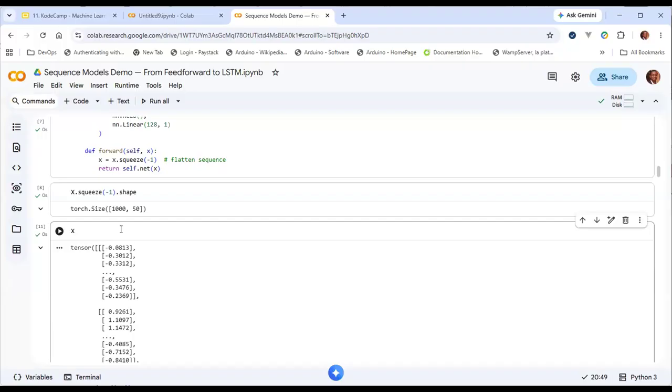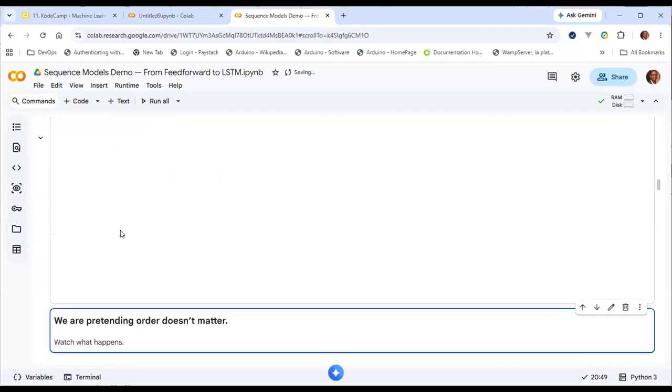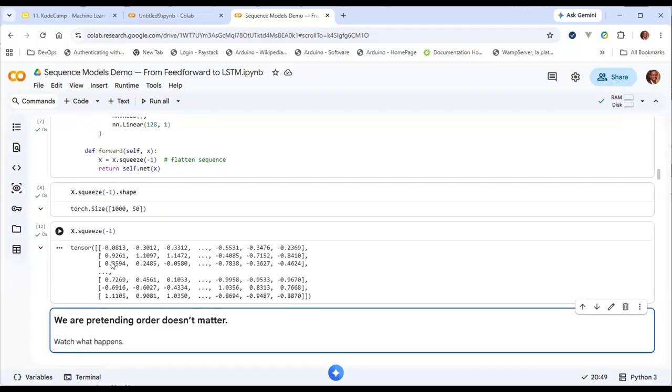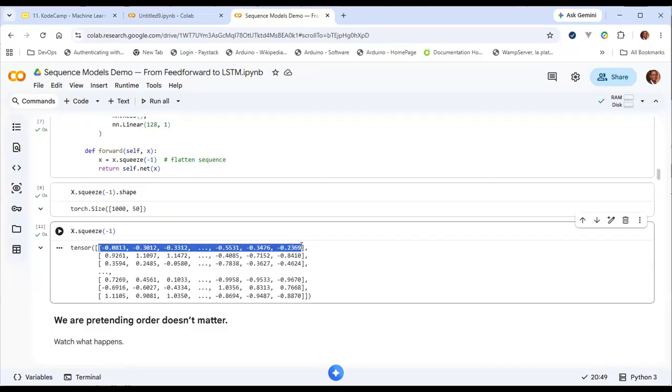But we turn it into two-dimensional because it should actually be three-dimensional if the third dimension had multiple features, right? But here we're just picking only one feature, which is the number on the chart. But the number is a sequence. So this one is a sequence of the numbers that make up that single sinusoid.